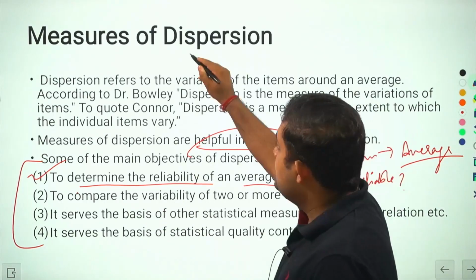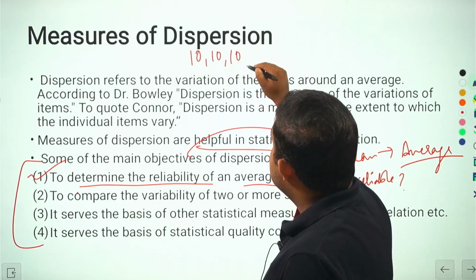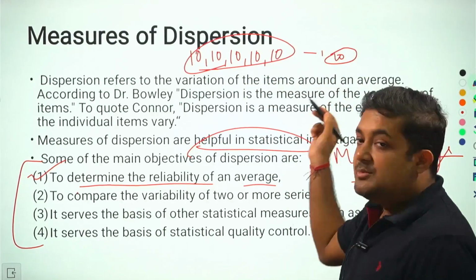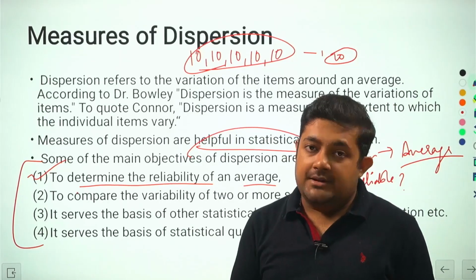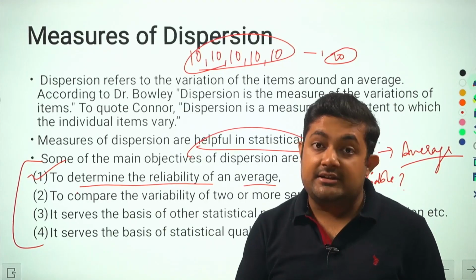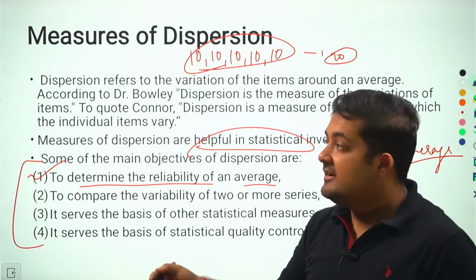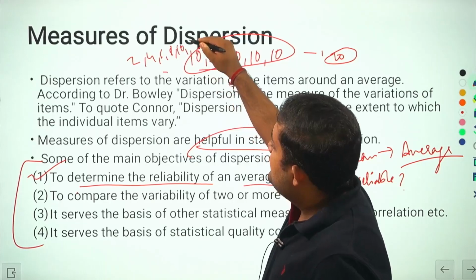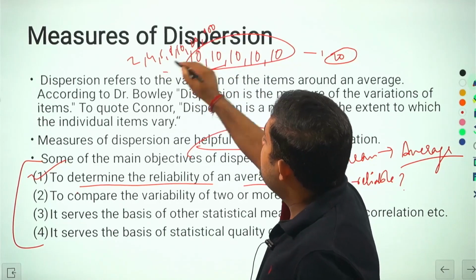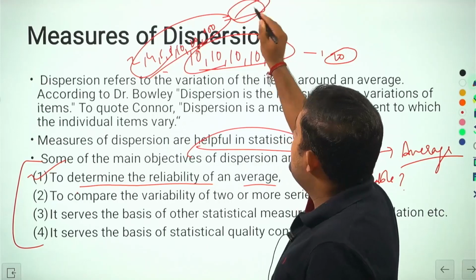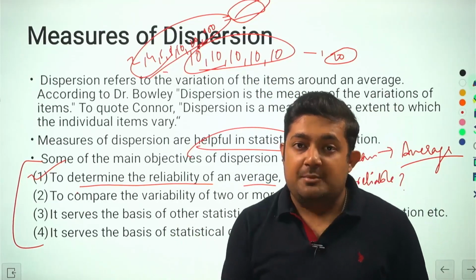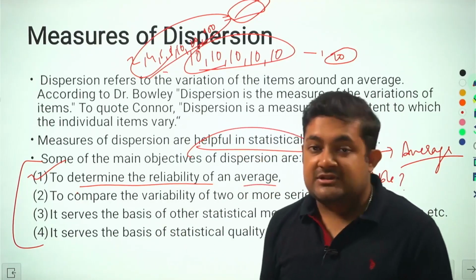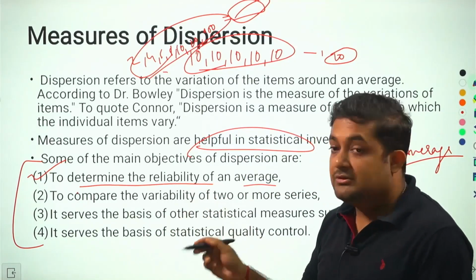For example, if I say 10, 10, 10, 10, 10, the average will be 10, right? We check with measures of dispersion whether this is reliable or not. Similarly, if the data is 2, 4, 6, 8, 10, 20, 100 and we calculate an average, we check whether that average is reliable or not. So this is the first important use of measures of dispersion.